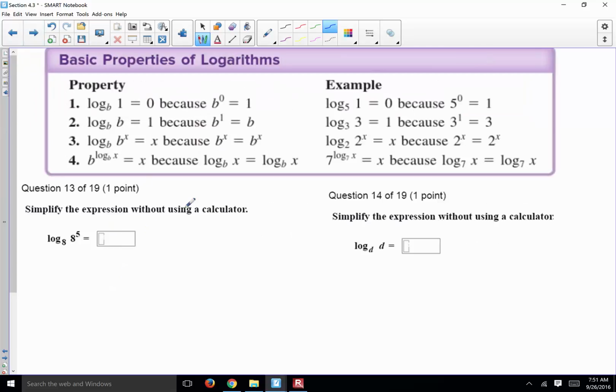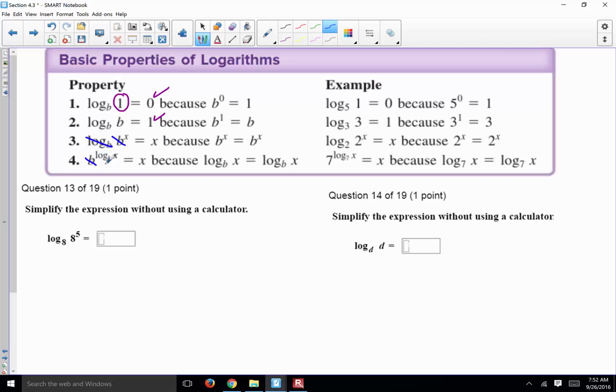Now we learned that this is taking too long. Can we find some basic properties of logarithms, so that when we see them we can get the answers in 1 second? Such as, if you have the number 1, no matter what the base is, the logarithm is always 0. If the two numbers match, it's always 1. If you have a power of b and b is the same as the logarithm base, then these two cancel and you get x.